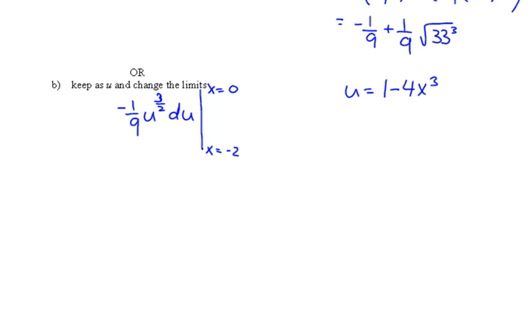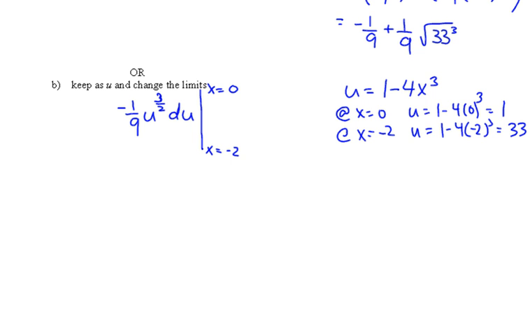What we can do is figure out, okay, at x equals 0, what is u? So u would be 1 minus 4 times 0 cubed, or 1. At x equals negative 2, what's u equal to? We figured this out already. It was 33.